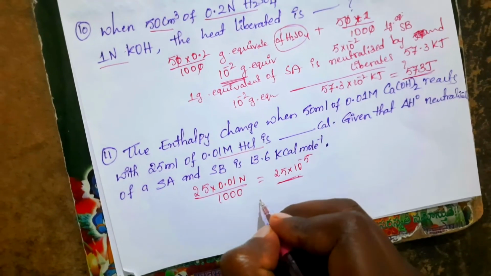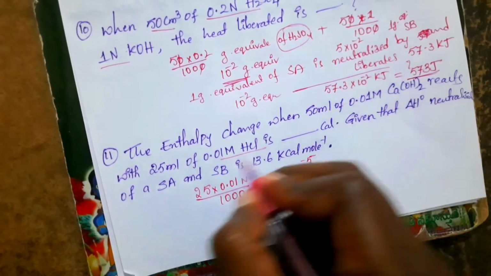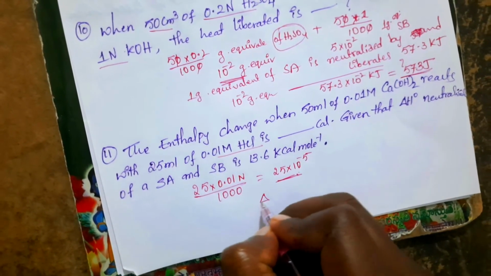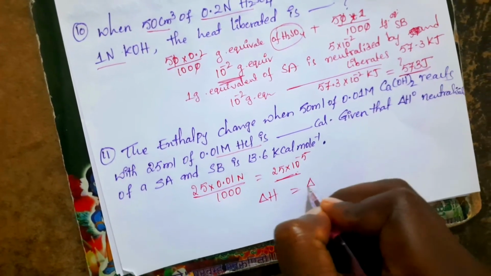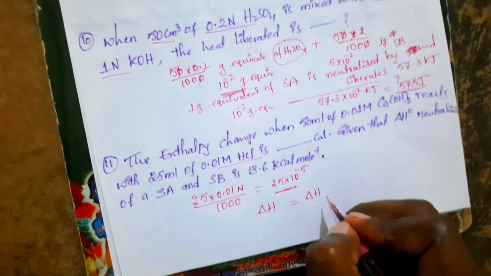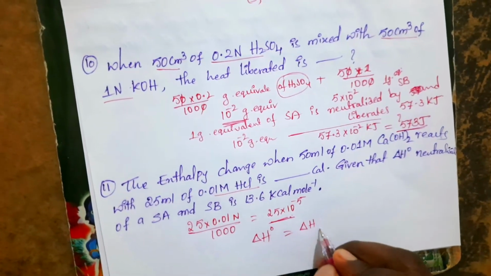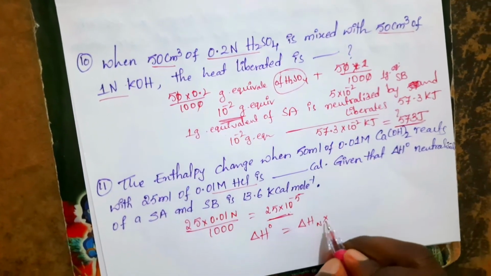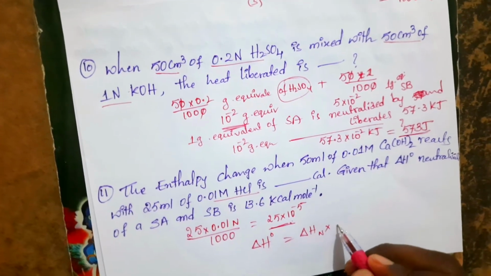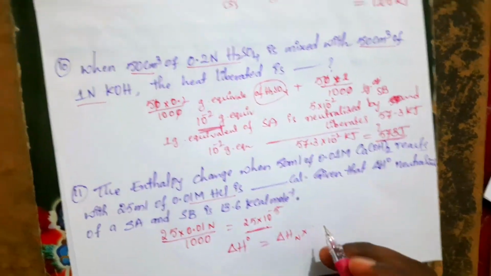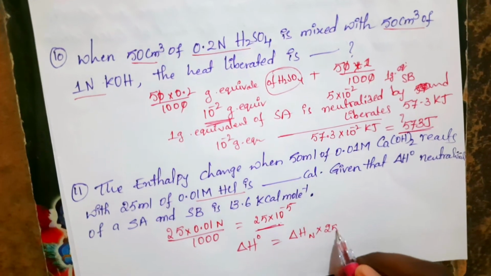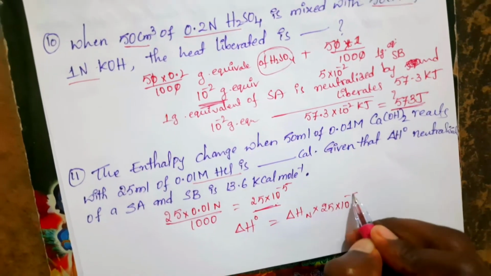Now here what they are asking is the enthalpy change. The enthalpy change is equal to the enthalpy of neutralization into the concentration, whatever the concentration will be there, that is 25 into 10 power minus 5 it is.